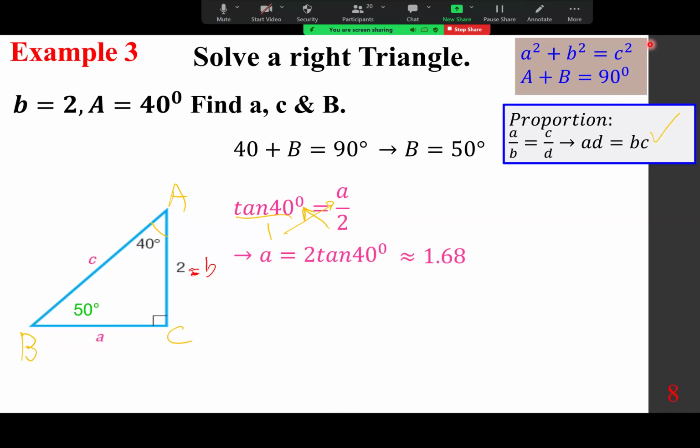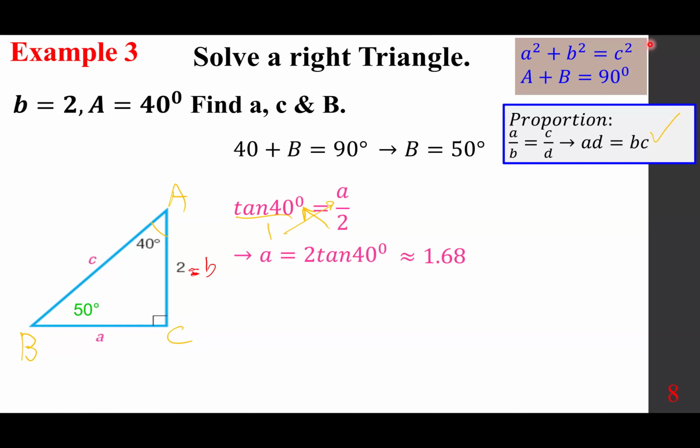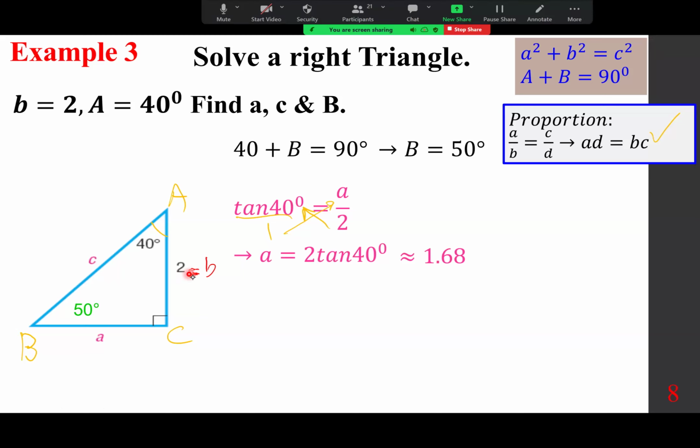But always try to use what is known. Now, 40 degrees is known and 2 is known. You know cosine of 40 degrees is the adjacent 2 over c. So again, this is not the only way. So this is 1.68. Cosine of 40 equals 2 over c. That would be a better course of action just because of what is given.